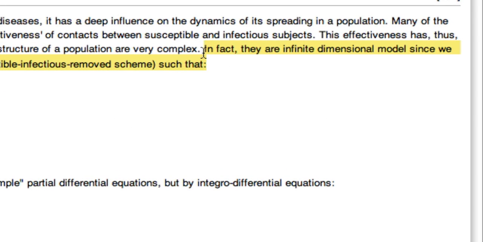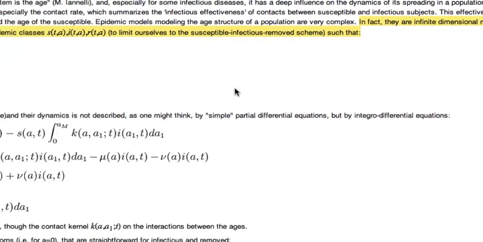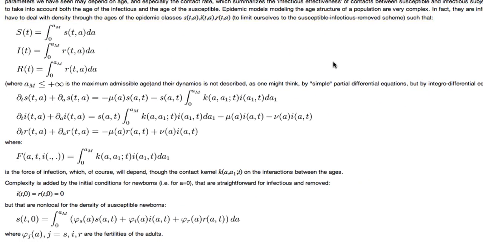So let's see. This says, in fact, they are infinite dimensional models, since we have to deal with density through the ages. Well, it sounds hard, and this isn't the kind of model that's going to be very transparent to policymakers, but it's also quite difficult to understand and extend and play with in terms of the basic science.